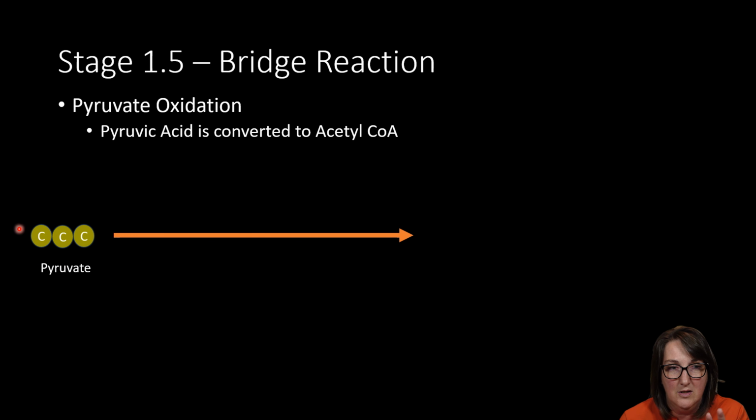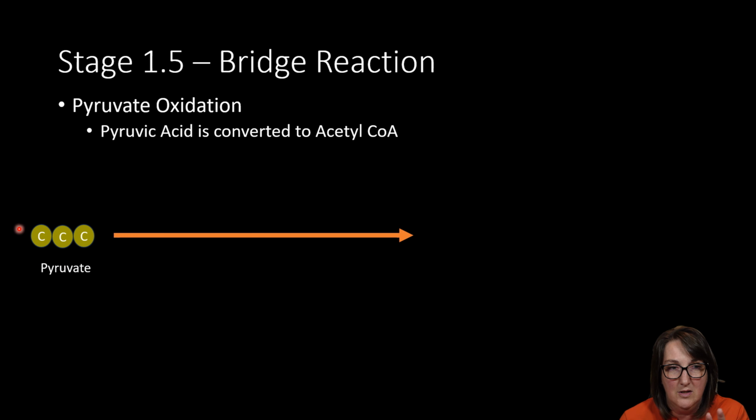NAD plus is going to come in. Our buddy NAD plus is going to start slowly pulling out some of these H's, those yummy H's that are here on this sugar. So that NADH is going to pull that H, and I'm going to get an extra hydrogen proton in that process. And then I have to bring in what's called coenzyme A.